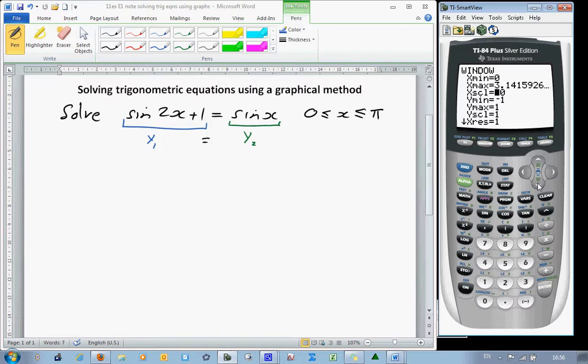Well, let's just graph it, because there is going to be another problem, but we'll have a look at it first. There's sine 2x plus 1. There's sine x. Now, can you see the problem? y1, the left-hand side of our equation, is y equals sine 2x plus 1, which means that it's had a vertical translation of one unit.